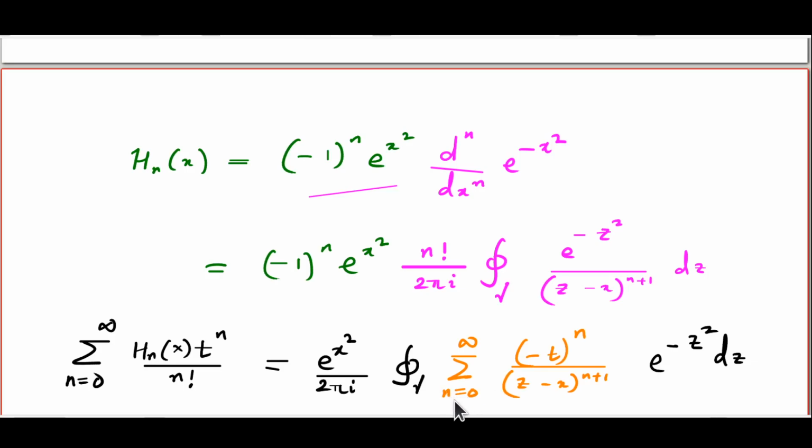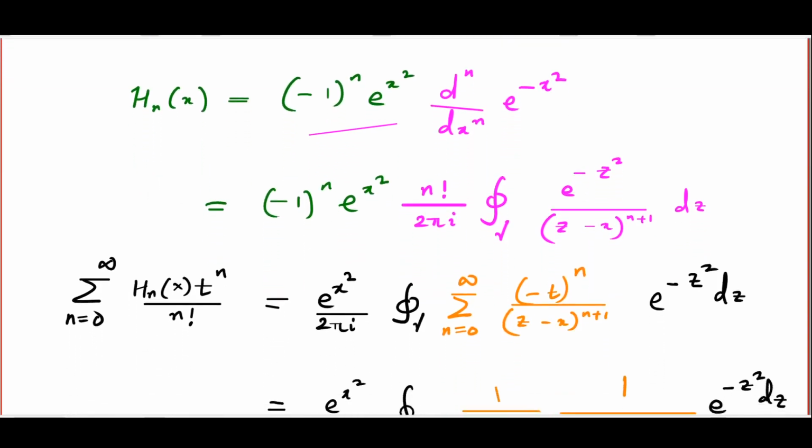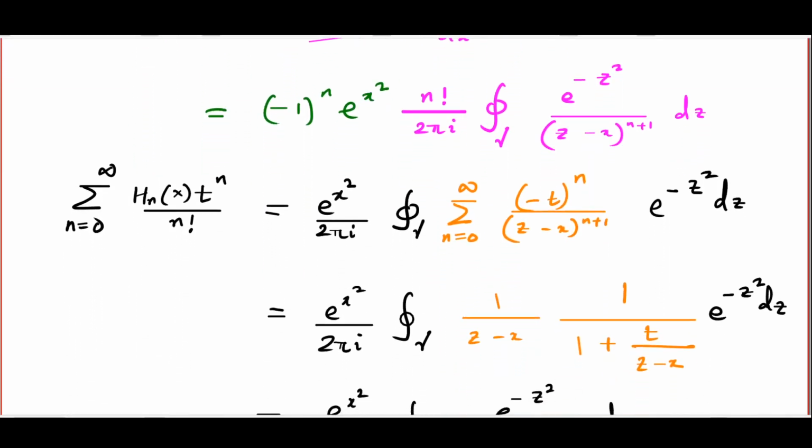Basically what has happened is that this thing written in orange here is an infinite sum, which if you look at it a bit, you would know is something you can easily figure out from class 12 algebra. It's nothing but an infinite geometric series whose sum is simply 1 by z minus x. That's an extra factor of 1 by z minus x as the first term, the n equal to 0 term.